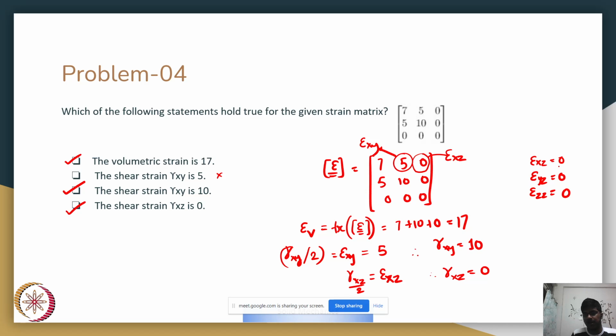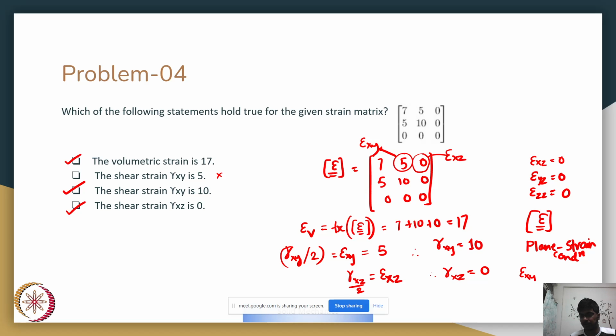So what does this tell you? Is this some special form of strain? Planar strain. Exactly. So this is a plane strain condition, which means that the displacements and strains are constrained to be in only two dimensions.